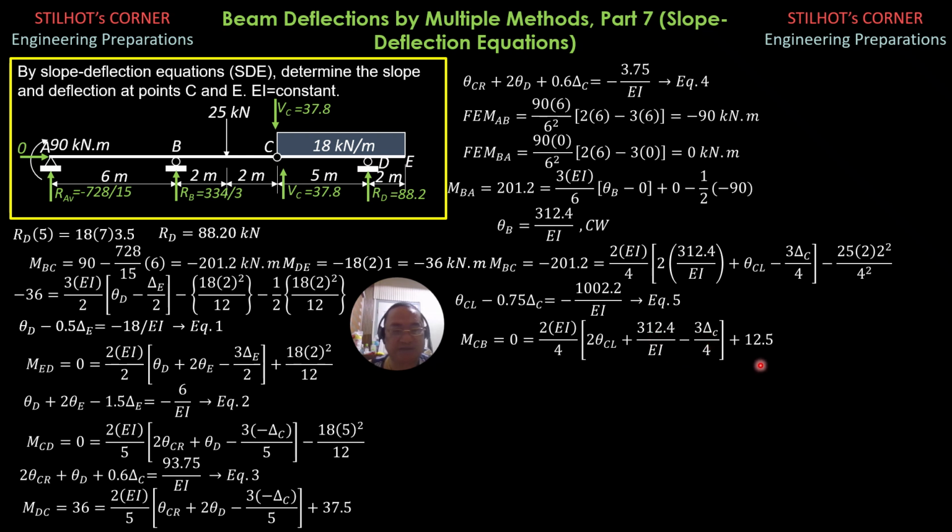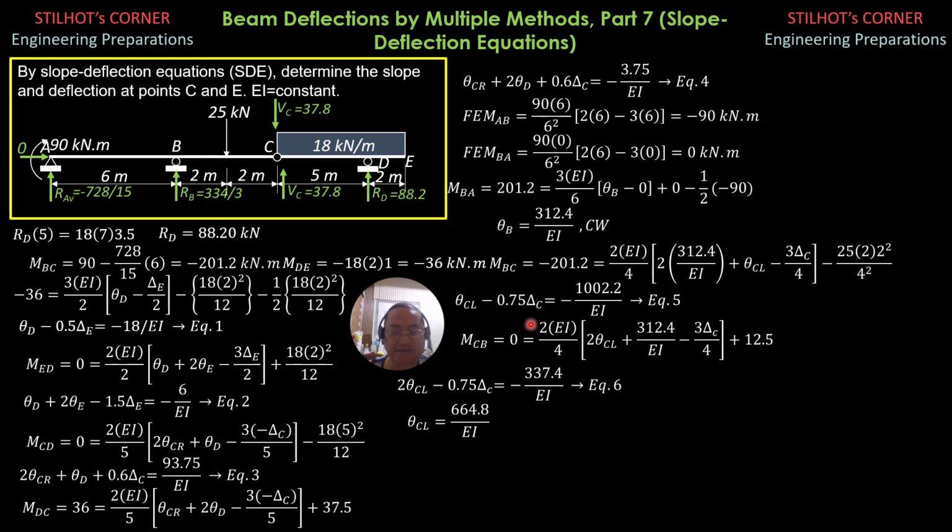Then plus fixed end moment here is the same as this but positive. So 25 over 2 is 12.5. So from here, we can simplify this equation into 2 theta C left minus 0.75 delta C equals negative 337.4 over EI. Solving equations 5 and 6 simultaneously, we can now solve theta C left and delta C.